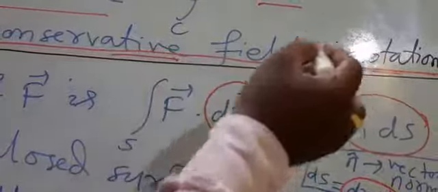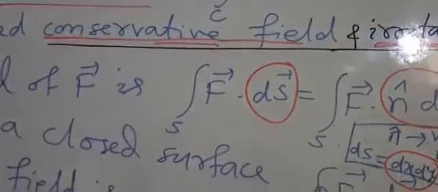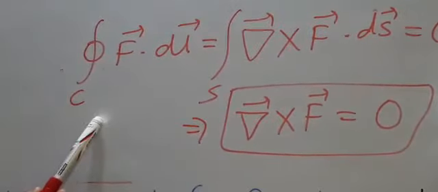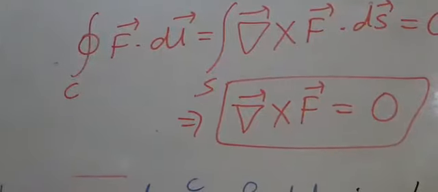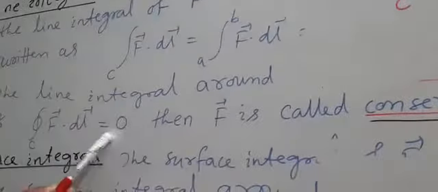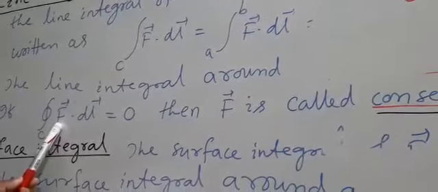Here I mentioned the conservative field as irrotational. So how do I say a conservative field is irrotational? How is a conservative field called an irrotational vector field? Conservative field means: if the line integration of f dot dl is 0, then f is called a conservative field.